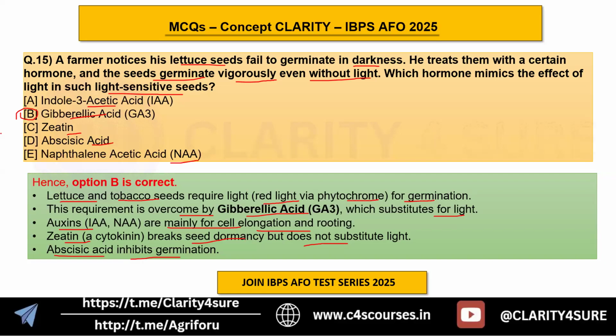If any of you watched our session on the plant hormones, go to our Agriclarity channel, where I have made two separate videos regarding the plant growth hormones. In the first video, I have discussed in detail the biosynthesis and all about auxin and gibberellins, and in the second part of the video, I have discussed the rest of the plant growth hormones.